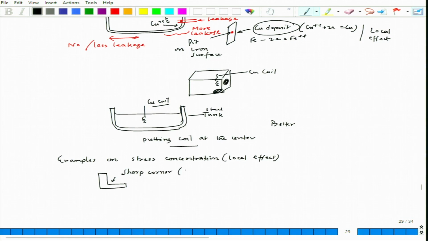It has a stress factor, local stress much higher than the surrounding area. So, this has two effects, one is stress, another one is, of course, there could be a possibility of crevice, because stagnancy is possible in that local sharp cornered area. So, the second one would be crevice under stagnancy condition.